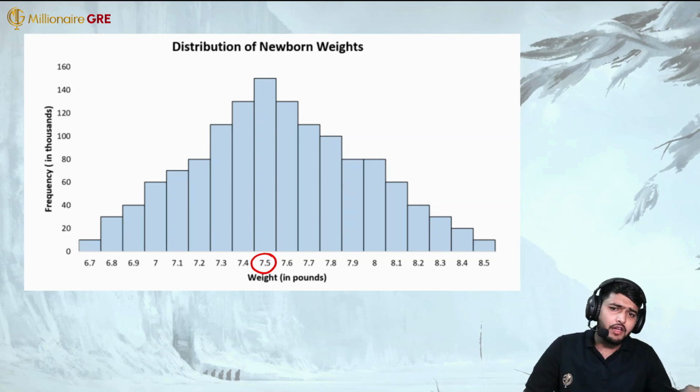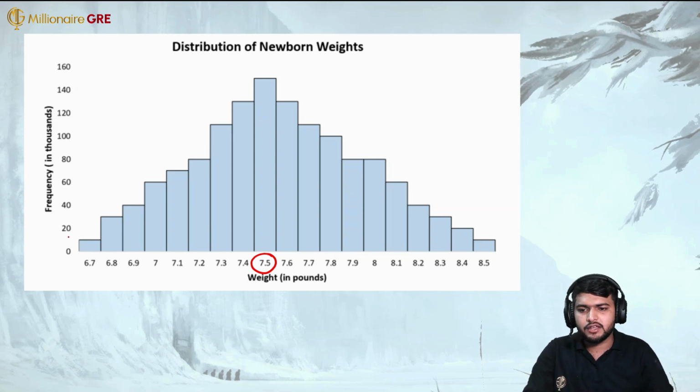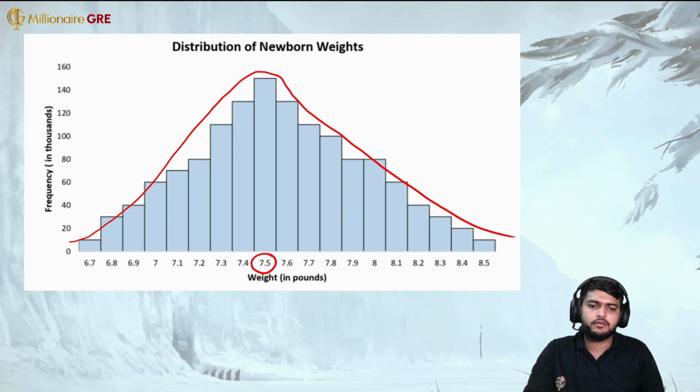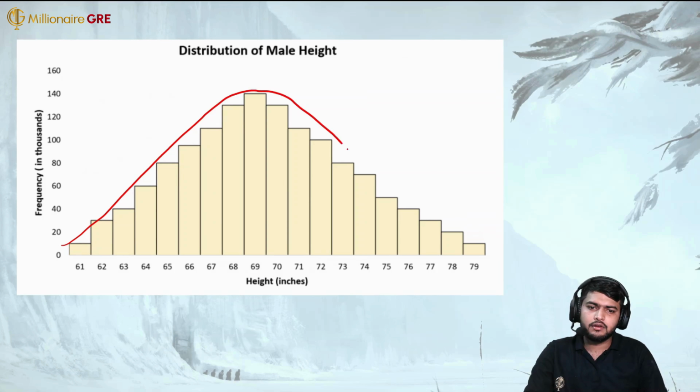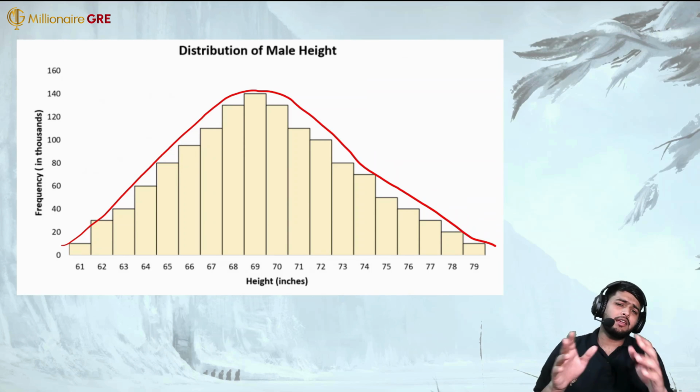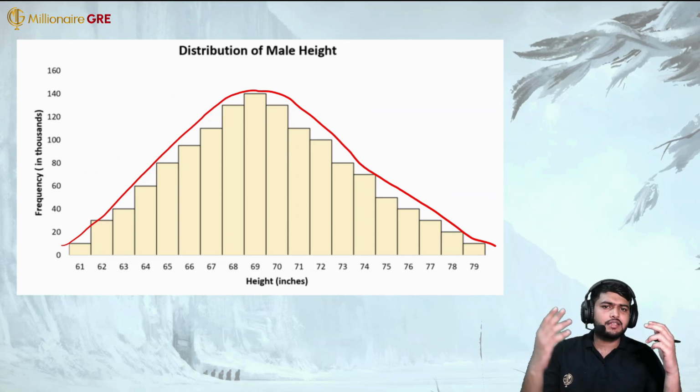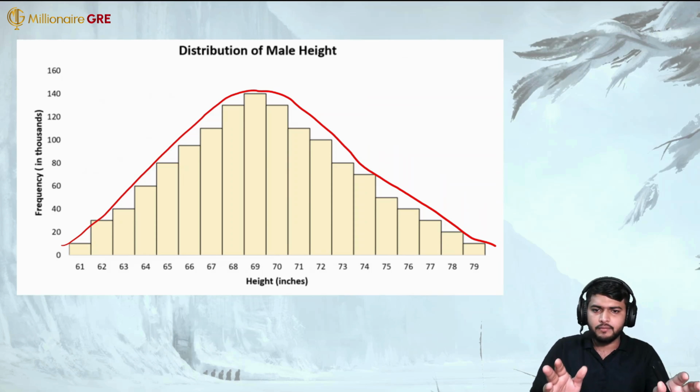As you move away from the average, the frequency decreases and you get a bell-shaped curve. Similarly, in this example, you again get a bell-shaped curve. So many things in nature are normally distributed. You will get a bell-shaped curve.